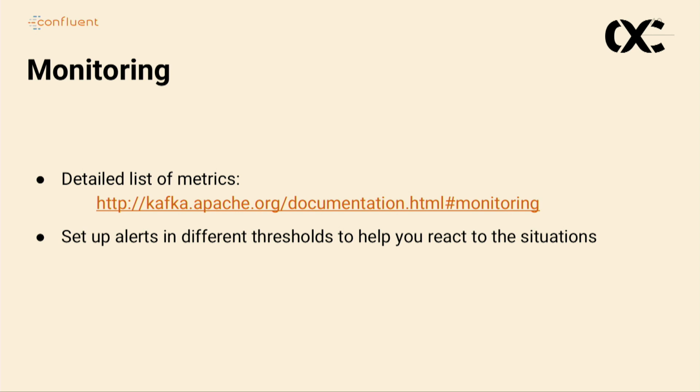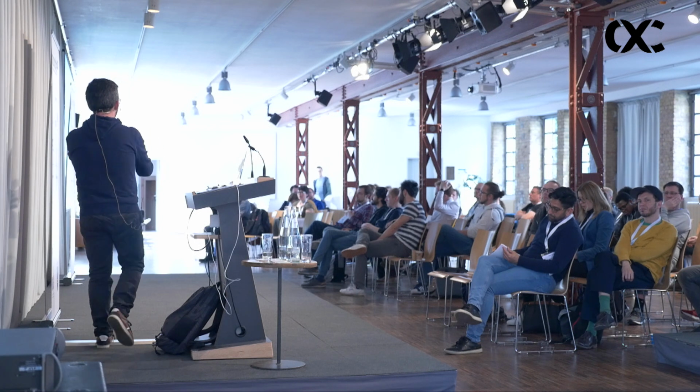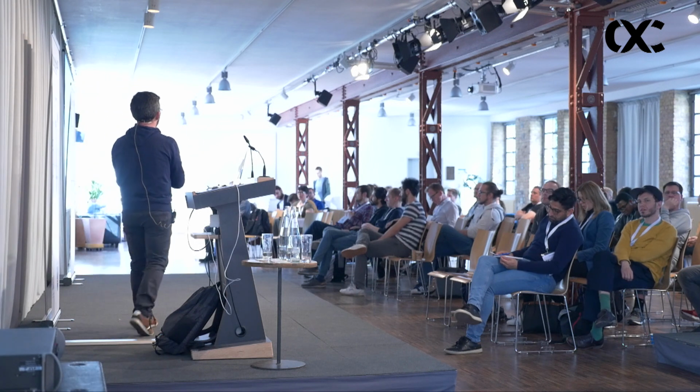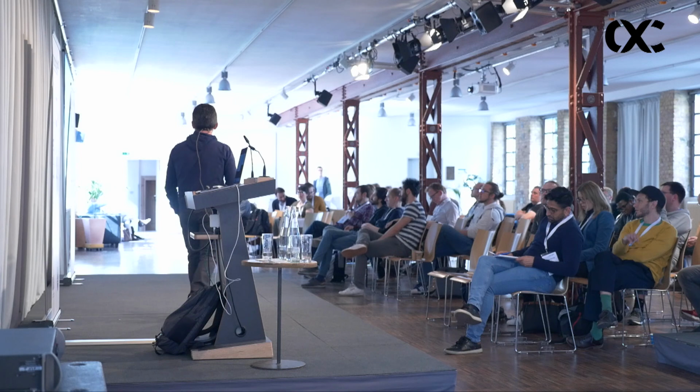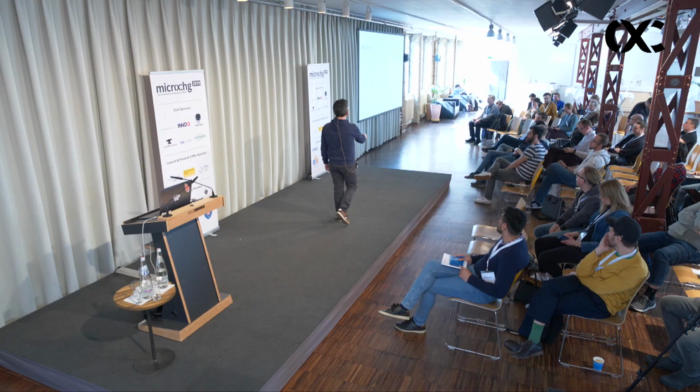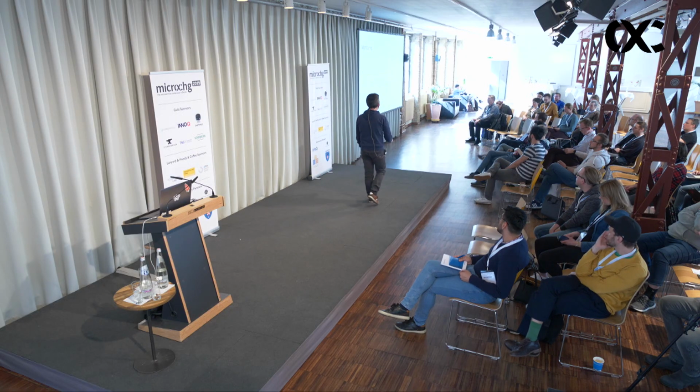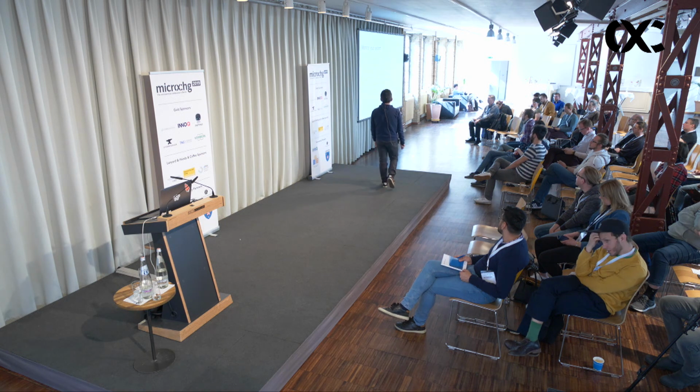Have a good monitoring, pull the JMX, but you need to have alerts as well, okay? Pulling all your monitoring and having no alerts doesn't work. You should set alerts with different thresholds to react to situations.